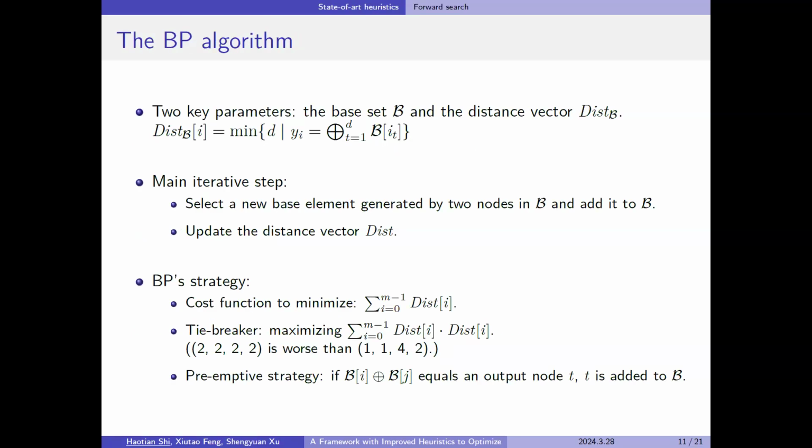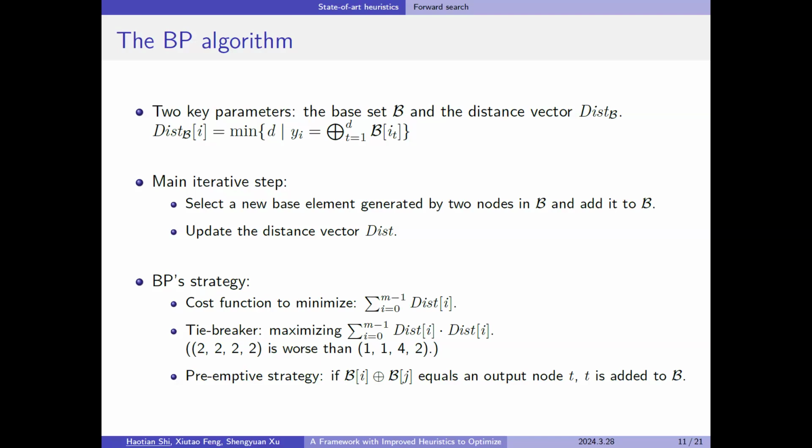First, let's start with the BP algorithm. The BP algorithm involves 2 key parameters, the base set B and the distance vector dist. The base set contains all the nodes that have been computed, and the distance vector dist describes the distance from the base set to all output nodes. What's more, dist_i is defined as the minimum number of terms in the base set to generate the output node y_i.